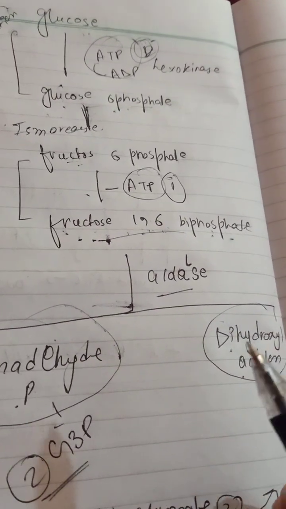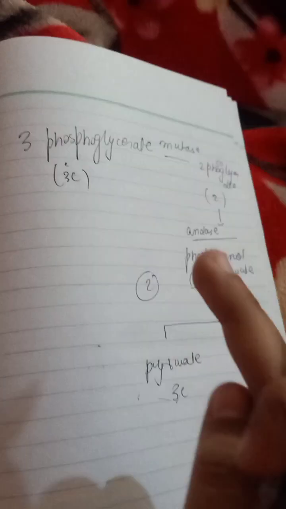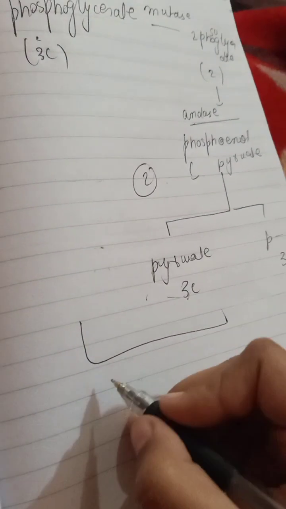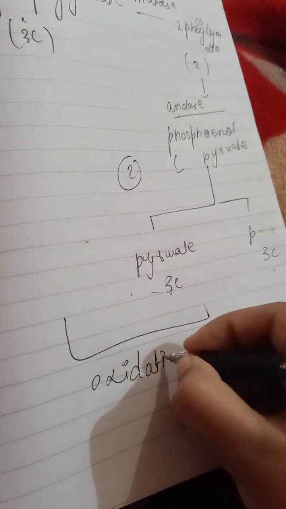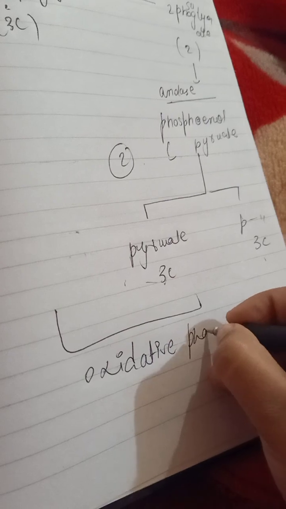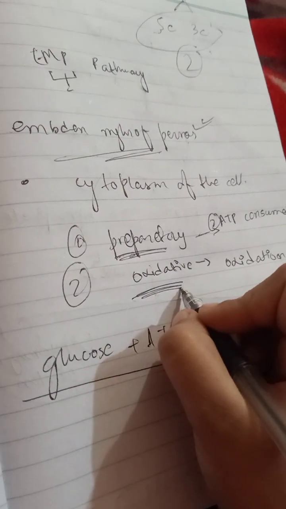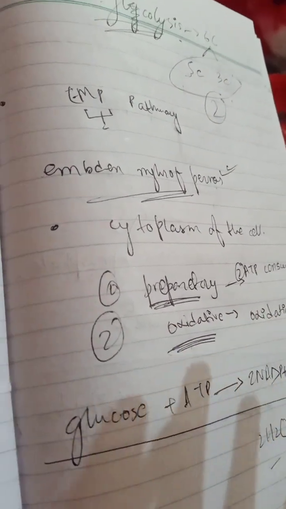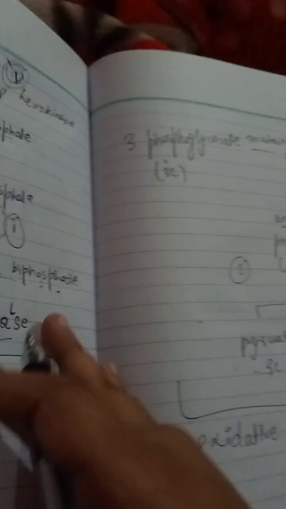Okay, so this was the phase, and from here to here, this will be the oxidative phase. So glycolysis has two phases, as you all know, preparatory and oxidative. Okay, so this was about glycolysis, the whole cycle as well as the detailed introduction.